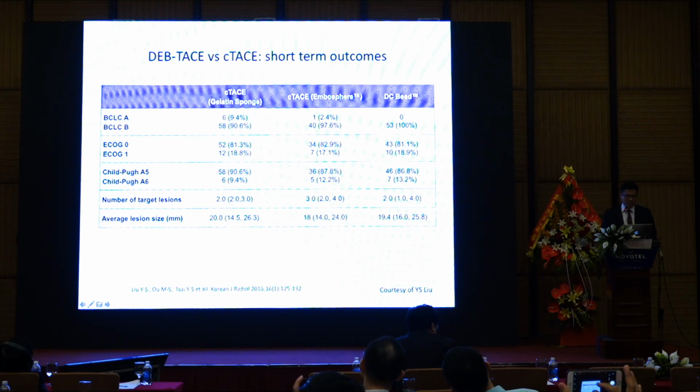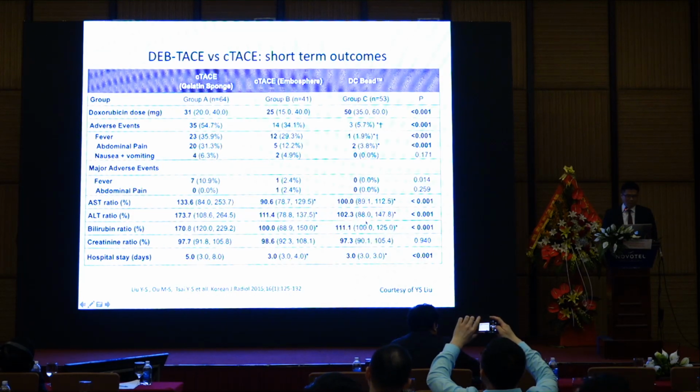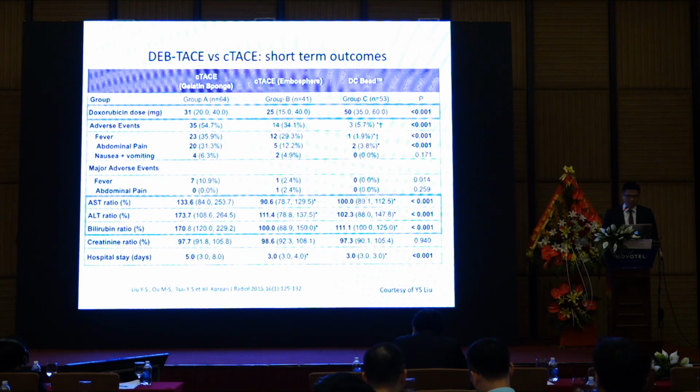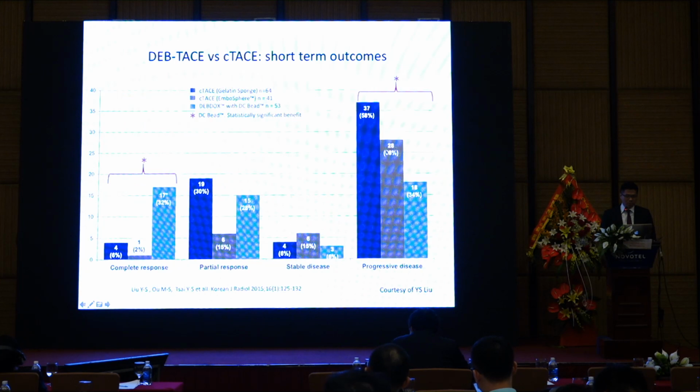The inclusion criteria for the 3 groups are similar, but for the result, you can see that in the DEB group, we can inject more doxorubicin, more chemo agent, into the tumor, and there is less liver toxicity when we look at the AST, ALT, and bilirubin ratio. There are also fewer adverse events such as fever and abdominal pain in the drug-eluting beads group.